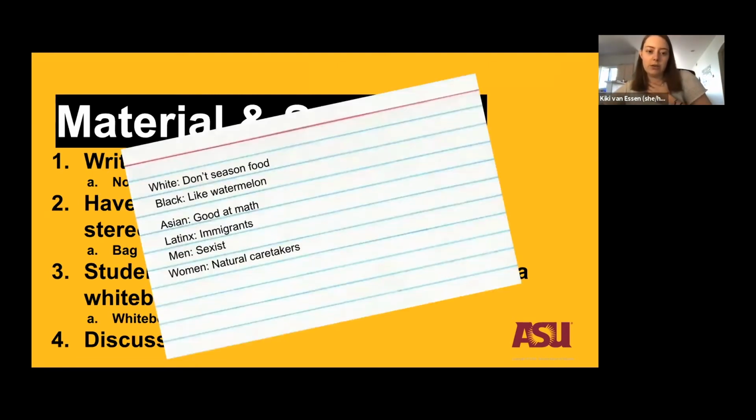I typically use 6 different groups of people: white, Black, Asian, Latinx, men and women, but depending on which groups are more prevalent within your classes or the area that you're situated in, you could change these up to really fit your students and the situation that we're in.